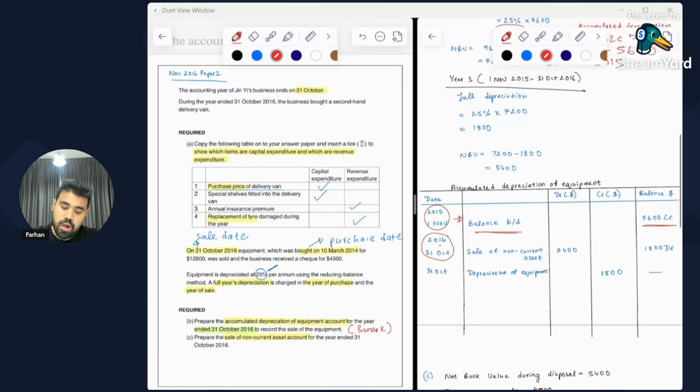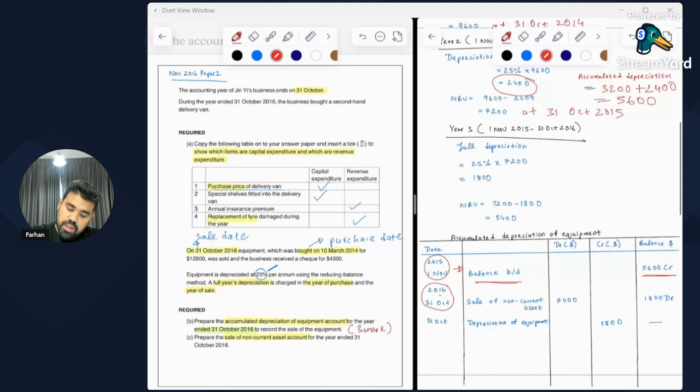Now, the total accumulated depreciation is calculated, I'm just going to write accumulative. So we had 5,600 for years 1 and 2 combined, which you will recall what we have done earlier, plus an additional 1,800. Isn't that so?